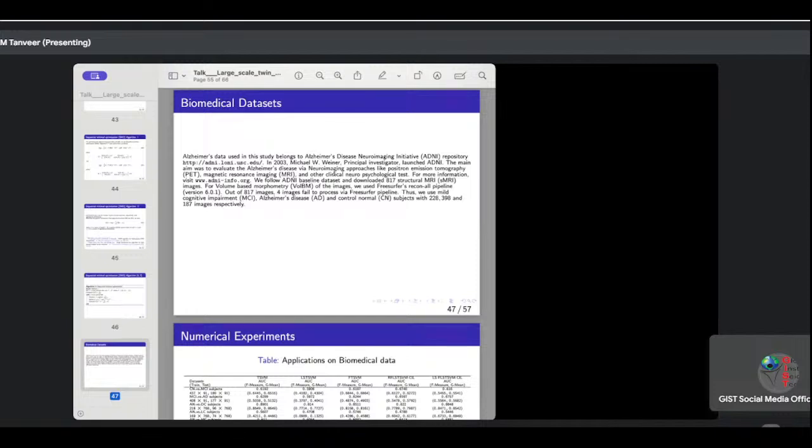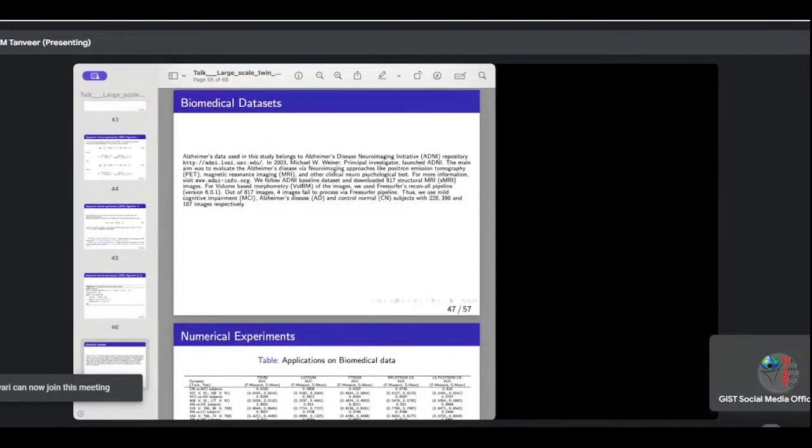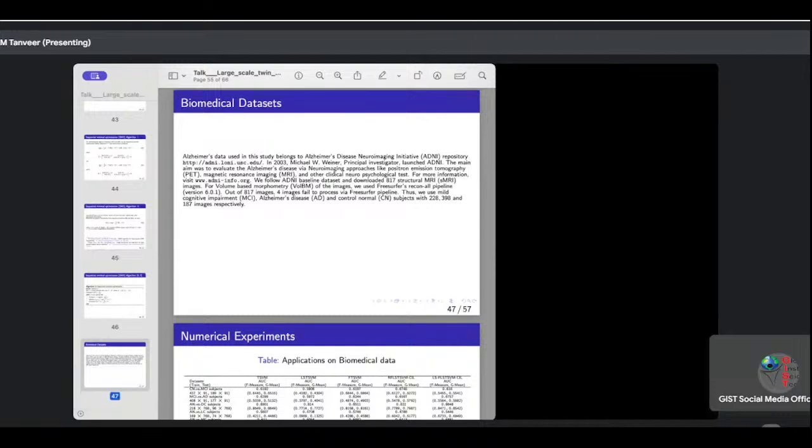So far there is no cure for this disease, but we have a solution in such a way that if we are able to detect this disease at an early stage, it can be stopped at that level. This disease starts at the age of 30 or 35, but we come to know after 60 or 65 years of age. Then it is very difficult to cure at that time. So early detection is an important research problem these days.